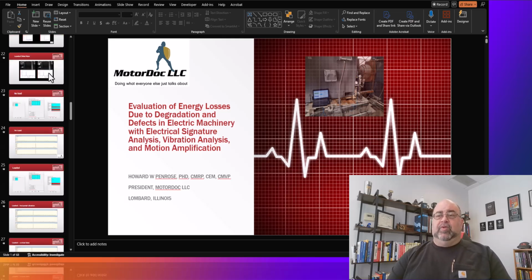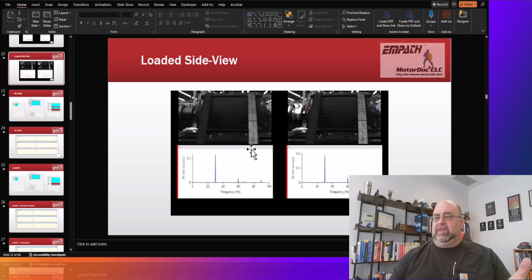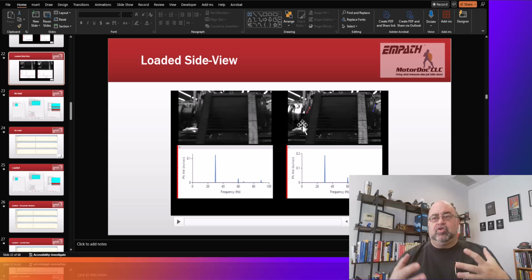And we were looking at things such as, and I believe I've talked about this in an earlier one, the movement, stiffness and damping effects that we were using motion amplification to help us with.